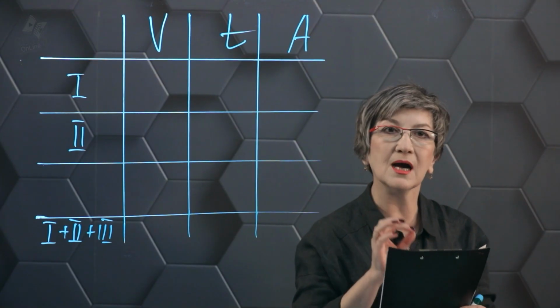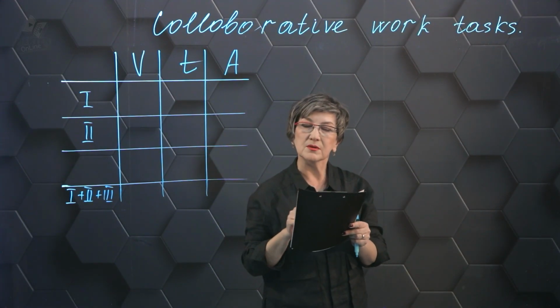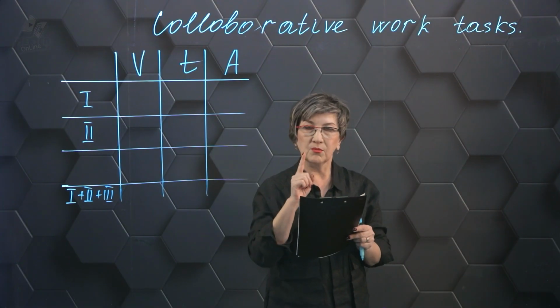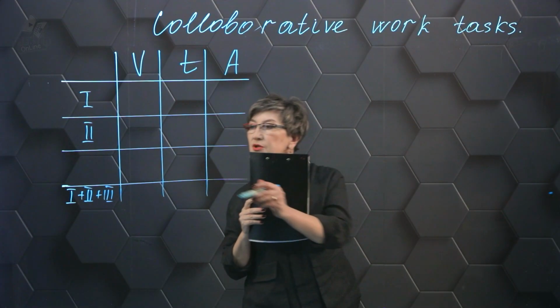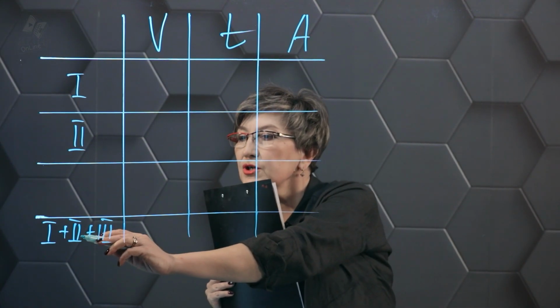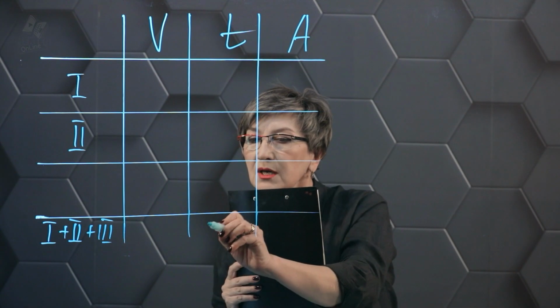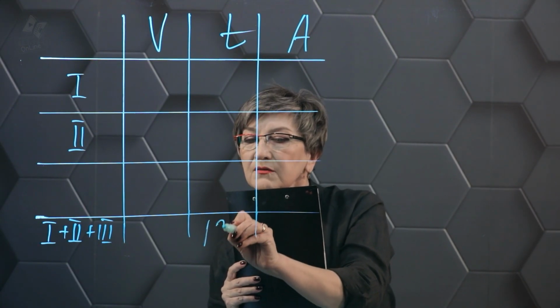Let's record the necessary data in our table. 3 workers did the work in 12 hours. I have written down the first worker plus the second worker plus the third worker and record the work time of 12 hours.